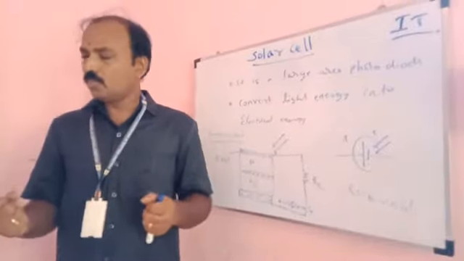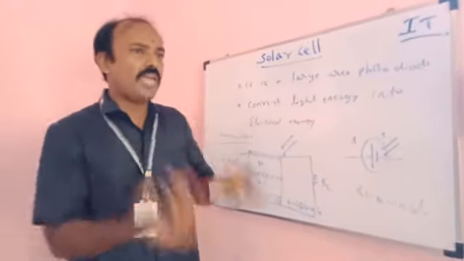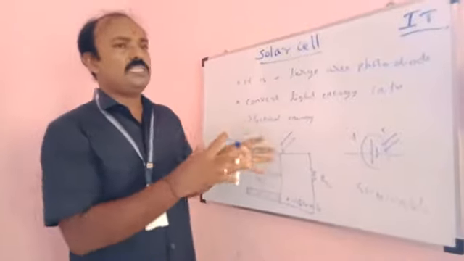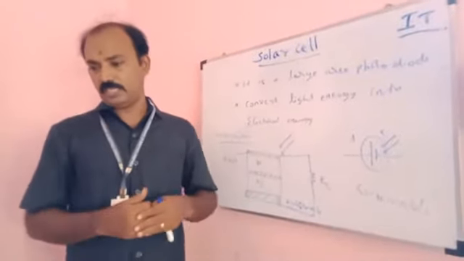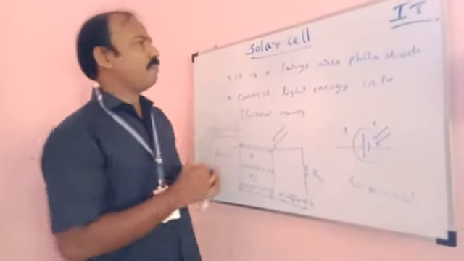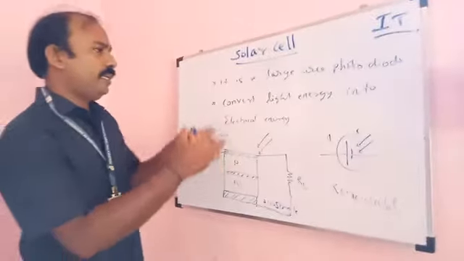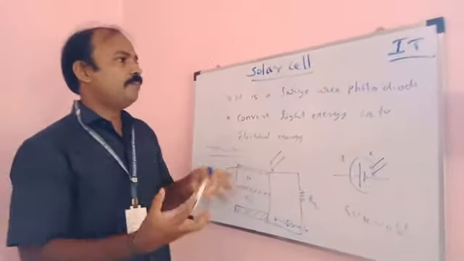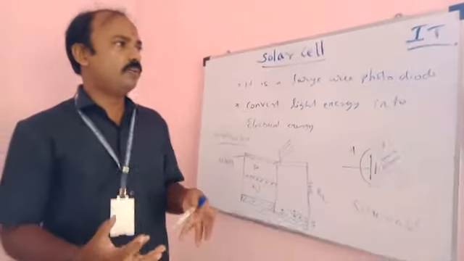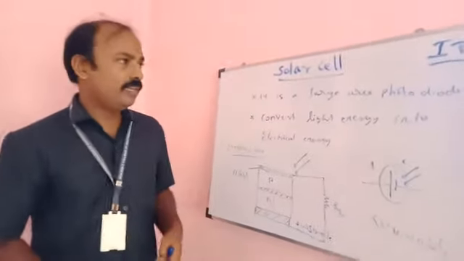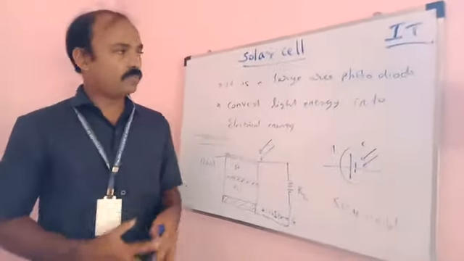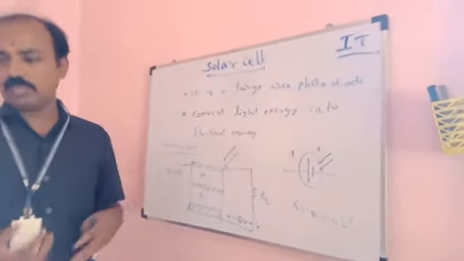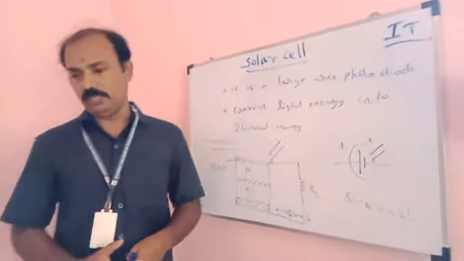Then it also produces electricity with high efficiency. The lifetime of the solar cell is also very high. In future we will all use this type of cell for our domestic electricity needs. In that regard it is very useful, and the life duration is very long.